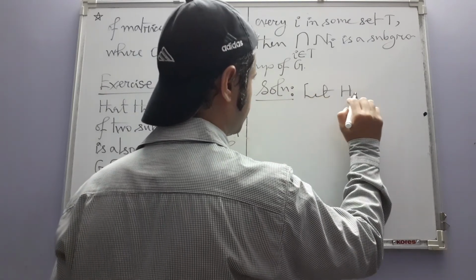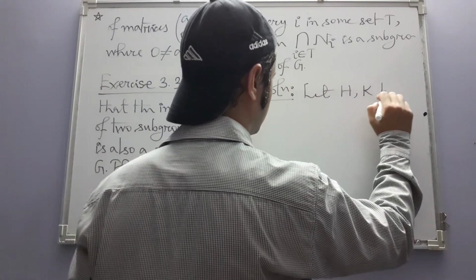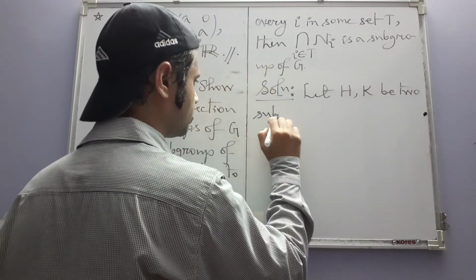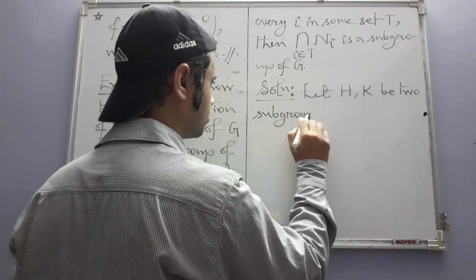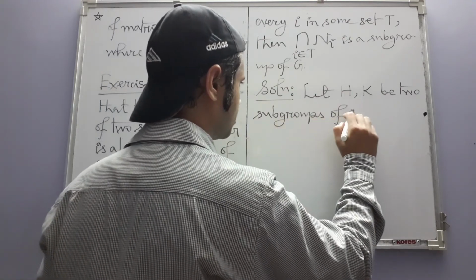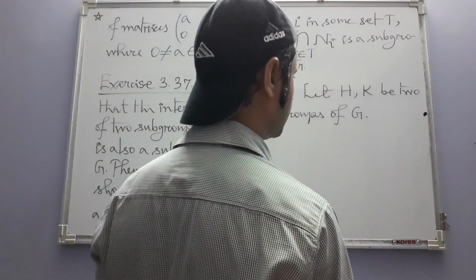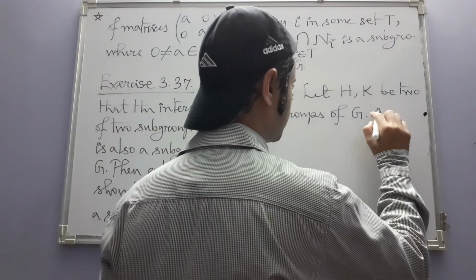Let H, K be two subgroups of G. Okay, we need to prove that their intersection is a subgroup.